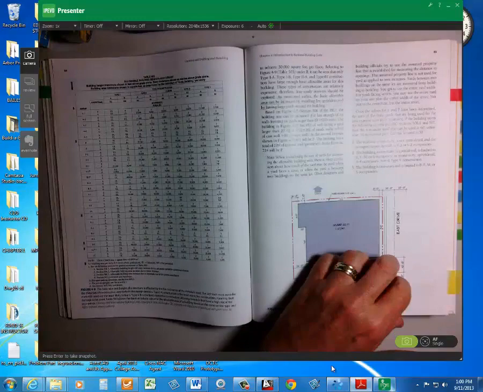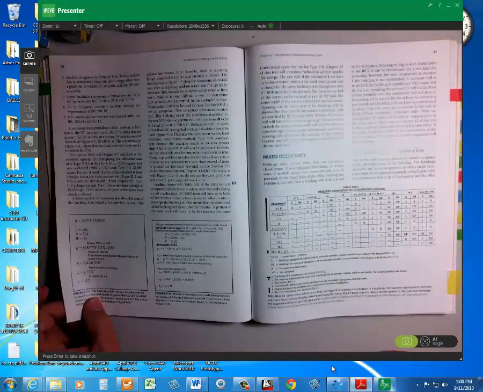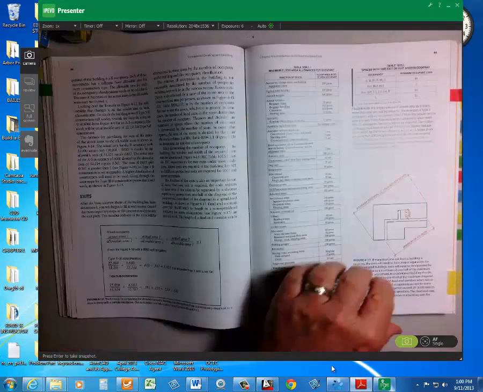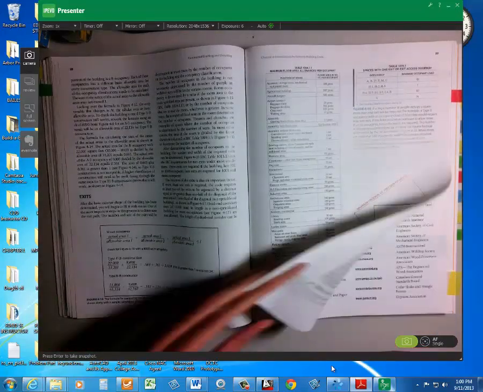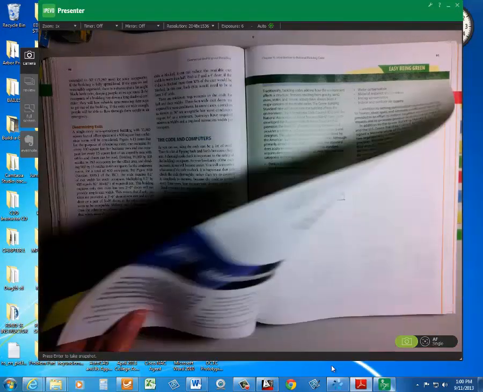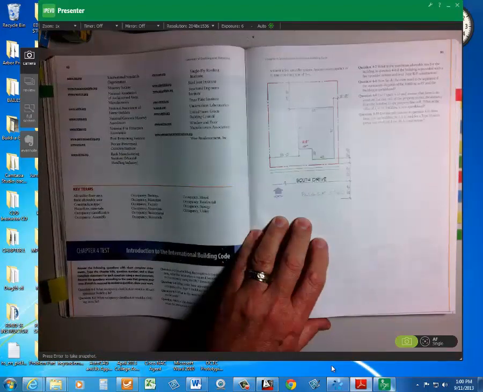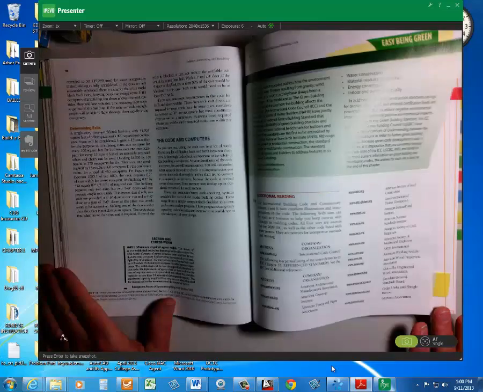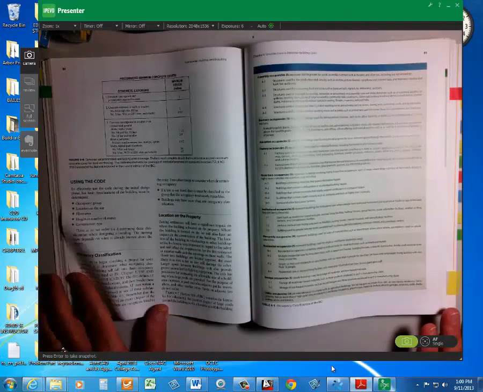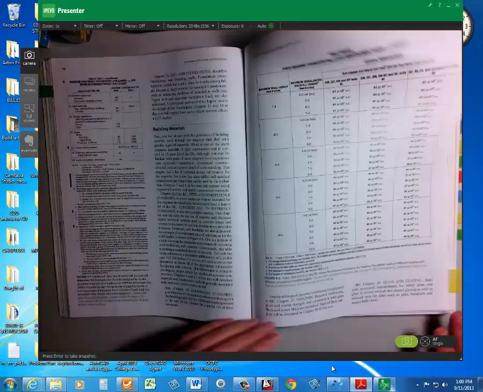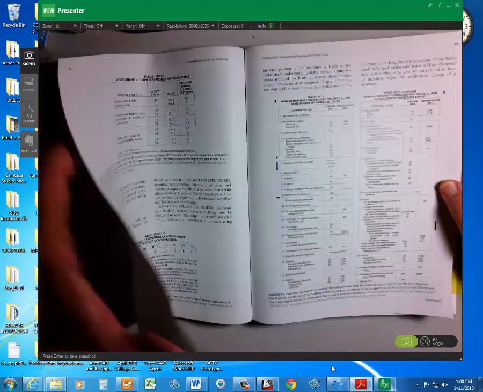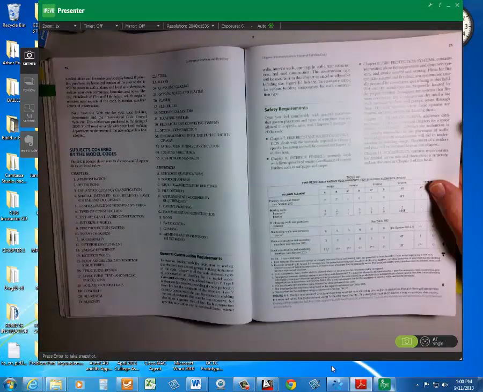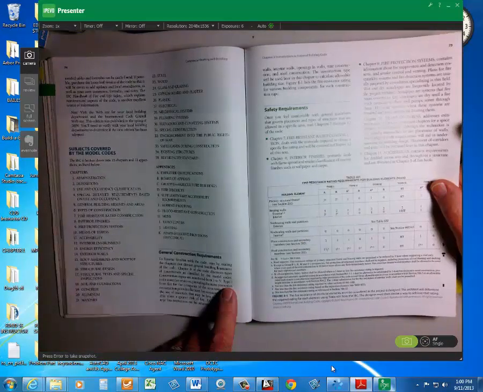Oh well. Oh, it's in here. Just shout it out if you find it. Let's look for it. Oh, maybe on page 74.